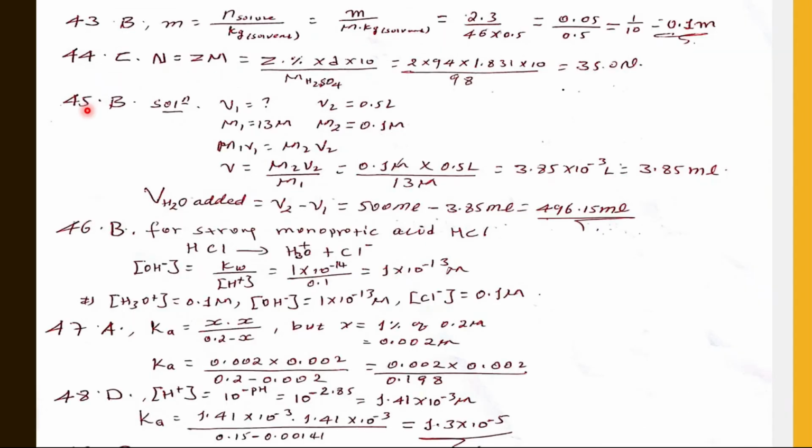እዚህ ጋር ተመልከቱ ሶሉሽኑን 44ኛው ጥያቄ ምን ይላል? ወደ መልሱ ከመሄዳችን በፊት normality is equal to z times what? Z times molarity, where z is the number of electrons gained or lost, or the number of hydrogen or hydroxide ions. Zm means z times percent times d times 10 over molar mass of sulfuric acid.